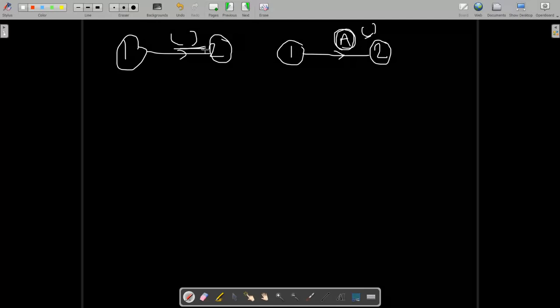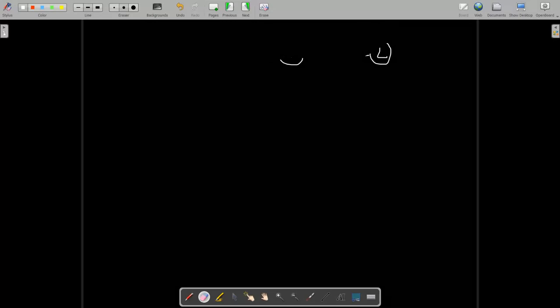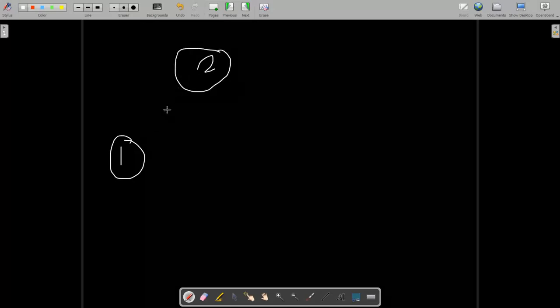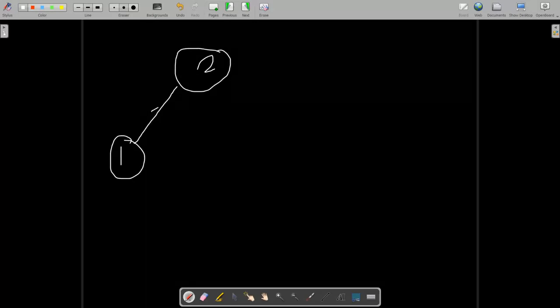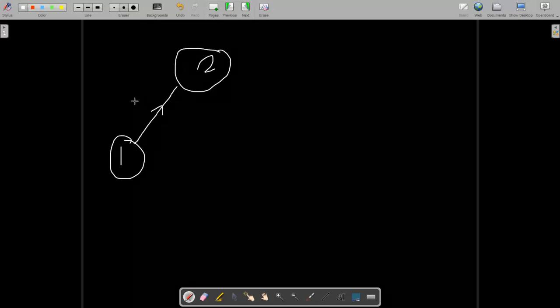This is the way, but here we will do activity on node. We will show 1 on a node, then 1 to 2, like here 1 and 2. So this is the activity on nodes, and to join them we show a line, and here we will show the time, the duration.